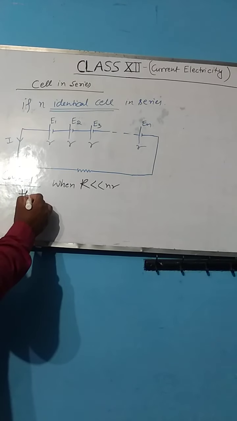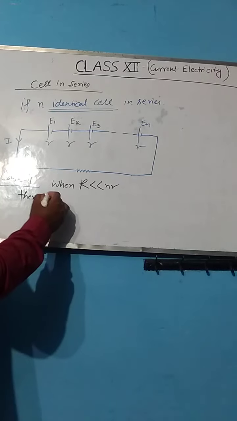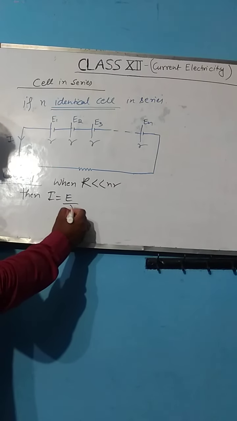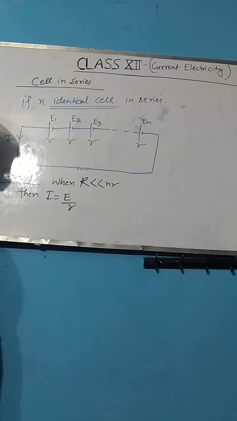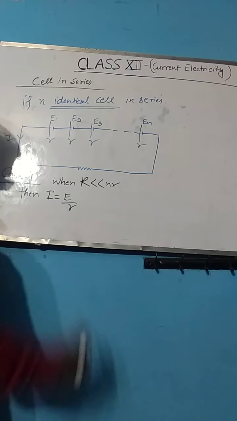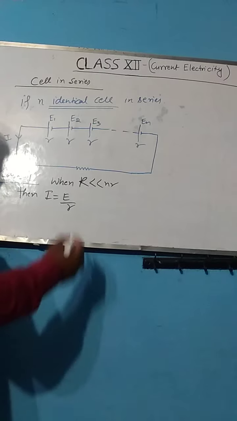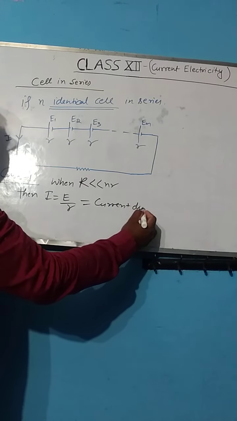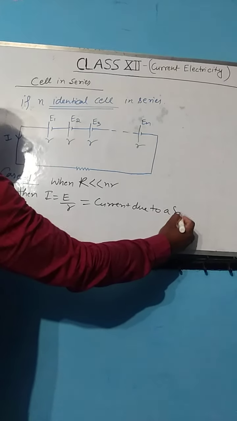Then I equals E by R, because R is less than nr. So this is given by I equals E by R, which means the current due to a single cell.